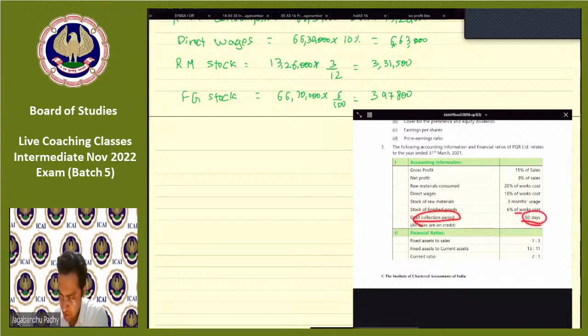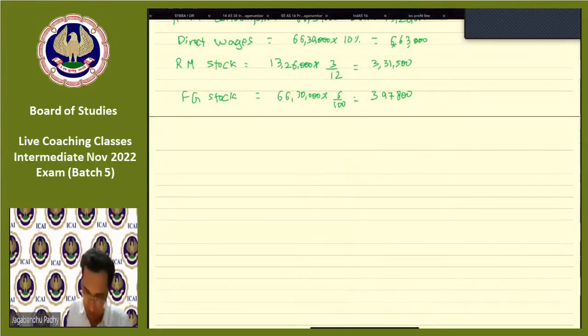Debtors collection period is 60 days. All sales are on credit. So let's talk about now the average collection period, or the receivables.